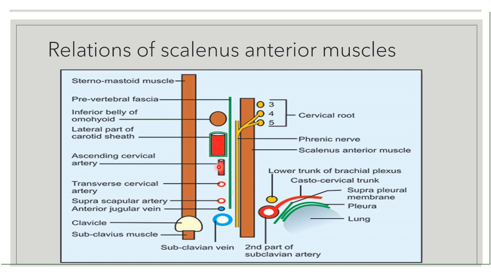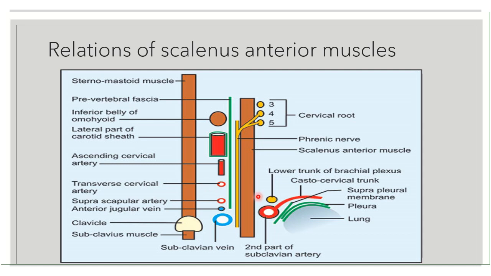You can see here ascending cervical artery, transverse cervical artery, suprascapular artery, and anterior jugular vein. These all are the structures which are present anterior to this scalenus anterior muscle, and further anteriorly we have this sternocleidomastoid muscle and clavicle. So these are the anterior relations of scalenus anterior muscle.